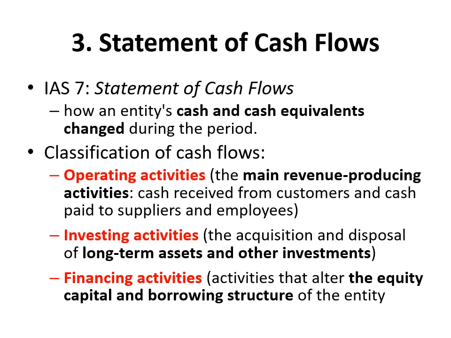And then the second one, we have investing activities that describe the information about the acquisition and disposal of long-term assets and other investments. And then the last one, we have financing activities. These sections provide users with information about activities that change the equity capital and the borrowing structure of the entity.